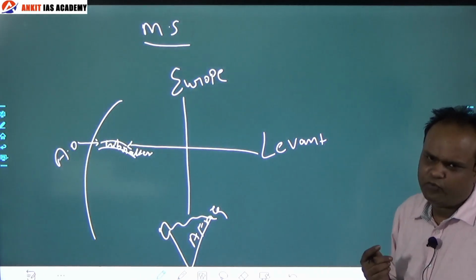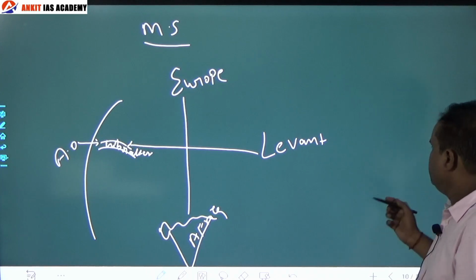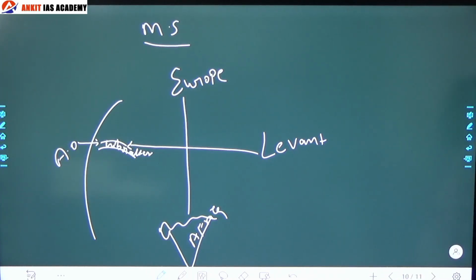Strait is a narrow passage of water body which connects two huge water bodies. For example, Strait of Gibraltar, which connects Mediterranean Sea with the Atlantic Ocean.